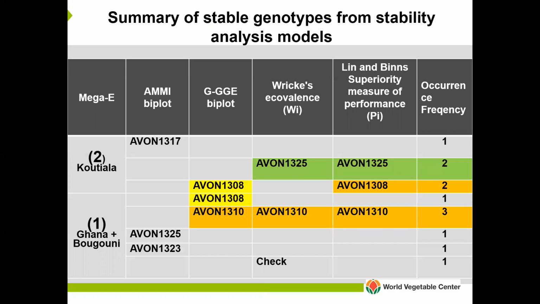And as you can see, some varieties, depending on the mega environment, 1 or 2, consistently scored 3 times over 4, and sometimes the frequency was 2, and some just have 1 in their mega environment.